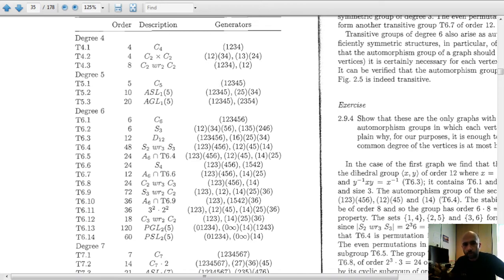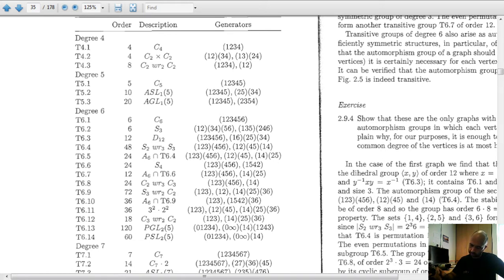So this table contains not just degree 6, but degree 4, 5, 6, and 7. That means subgroups of the symmetric group on 4 letters, 5 letters, 6 letters, and 7 letters. So the ones that are labeled degree 6 are subgroups of S_6.